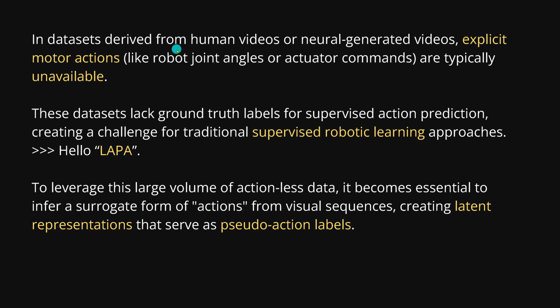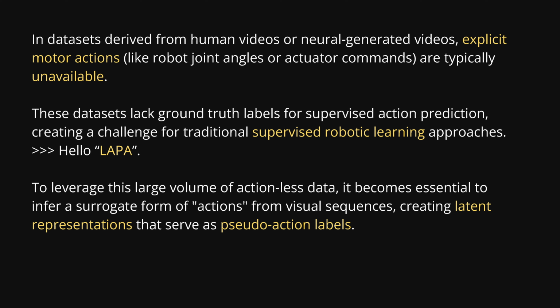Because in datasets derived from human videos or generated videos, explicit motor actions, like the robot joint angles or the actuator commands for the robotic system, are not available. We just have a YouTube video. So therefore, since we have no ground truth labels for supervised action prediction, we need to build some supervised robotic learning approaches purely synthetically from watching a movie. This is not as easy as you might guess it, and therefore we use here a diffusion transformer.